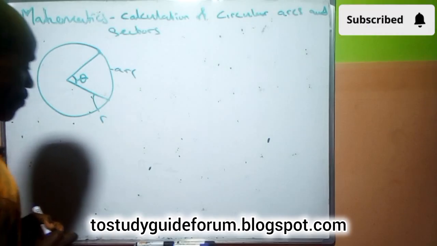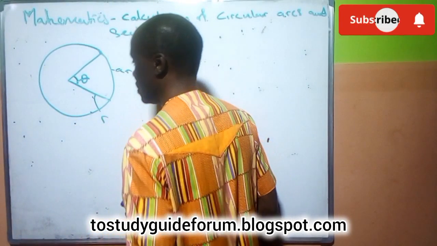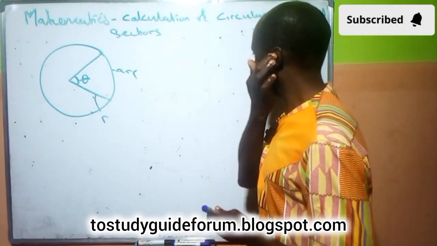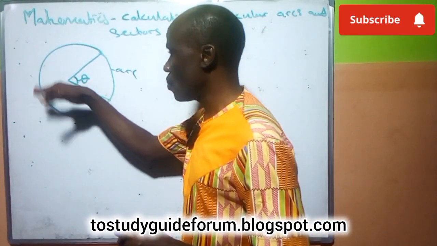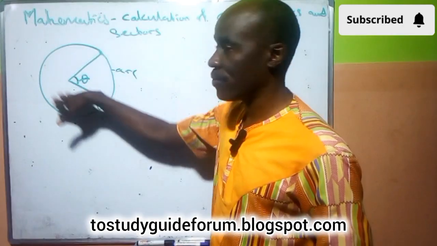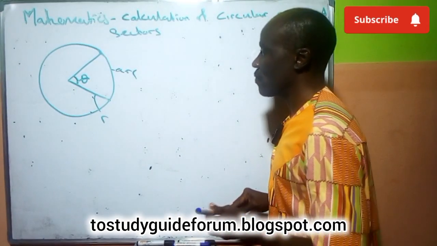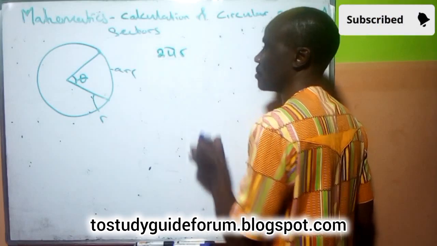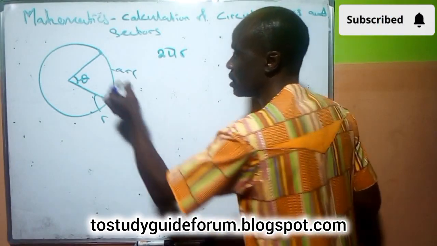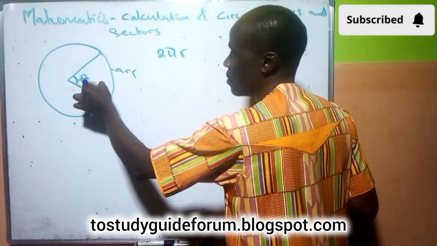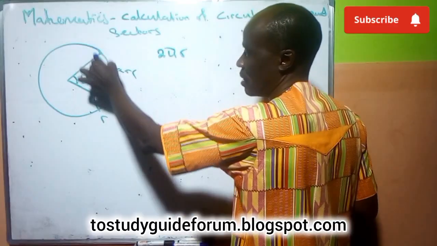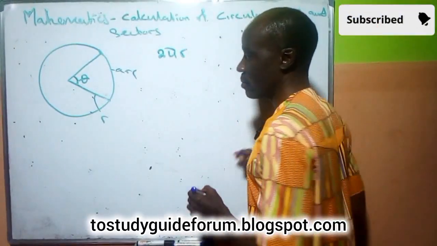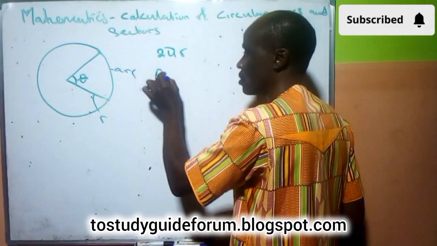If you are to calculate the length of this arc, we know that the circumference of the circle is 2 pi r. So if we are calculating the length of this place alone, we consider this angle.